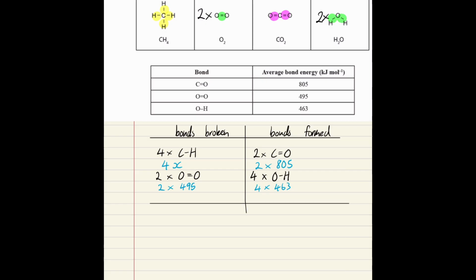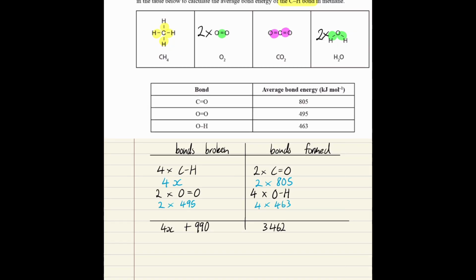I'm going to total up my bonds broken and bonds formed. On the left-hand side for bonds broken, 2 times 495, we are left with 4x plus 990. And on the bonds formed side, 2 times 805 plus 4 times 463 is 3,462.